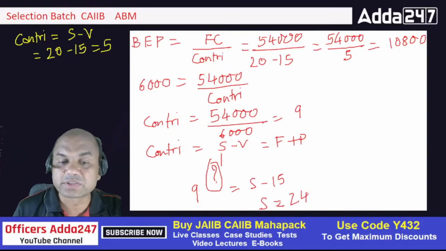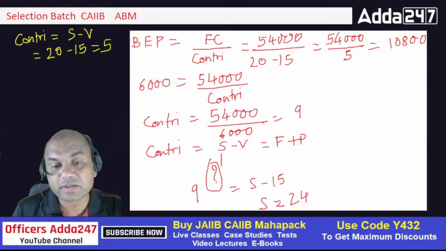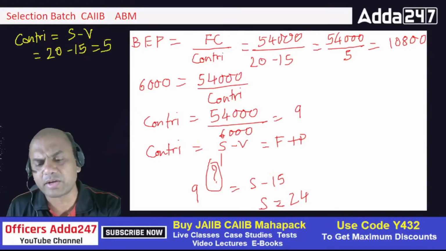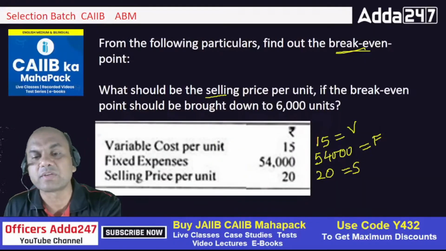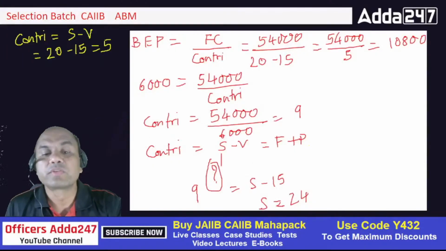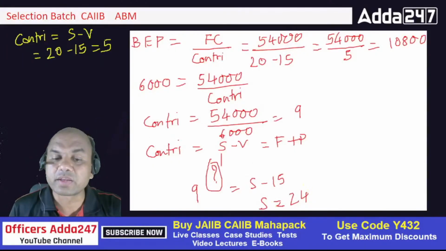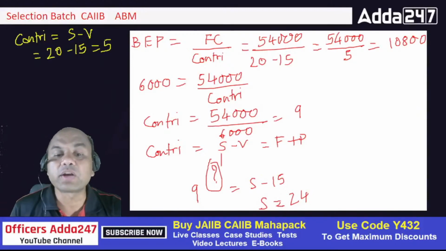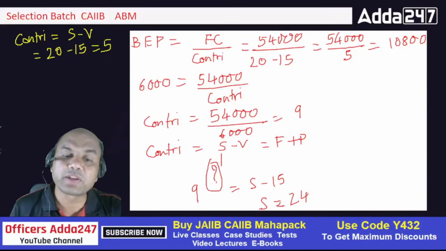So 9 equals S minus V. I don't know S. Variable cost I know, it is given in the problem itself: 15. So 9 equals S minus 15. Everyone getting this? I want S, the selling price, so I'll take 15 on the other side.